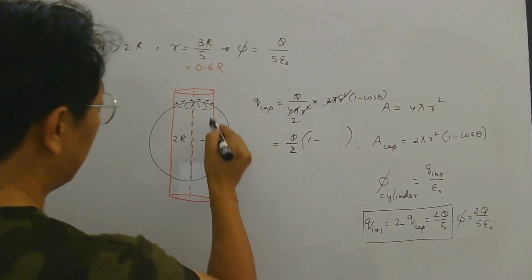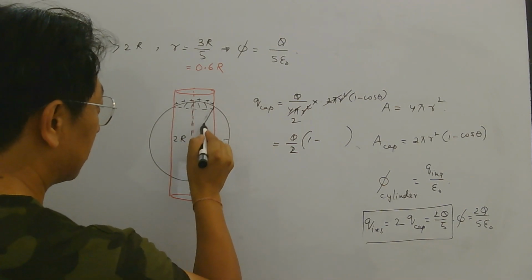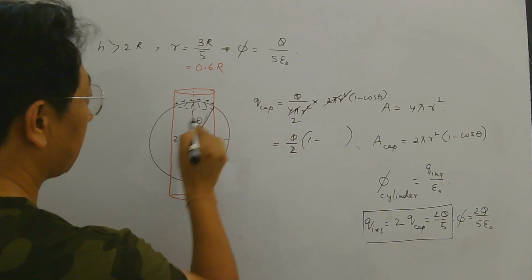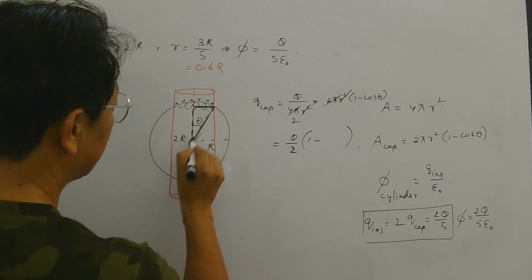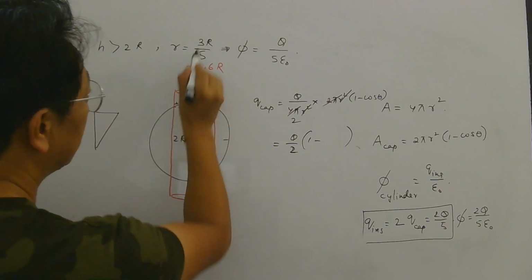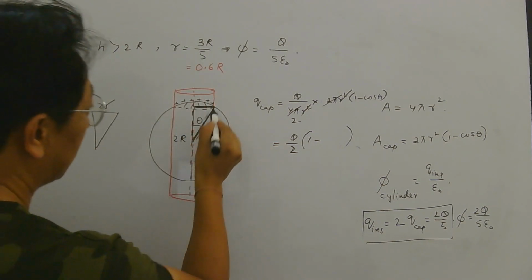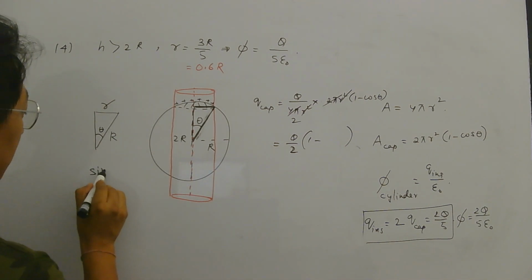Now cos theta: you draw this line and this is your theta, I told already, isn't it? So if I draw this triangle here for you separately, then this is the radius of the cylinder, which is small r, and this is the radius of the sphere, and this is your theta. So sine theta will be what?